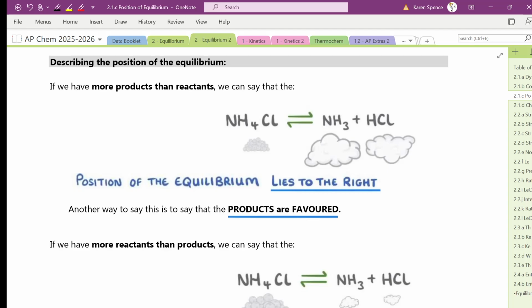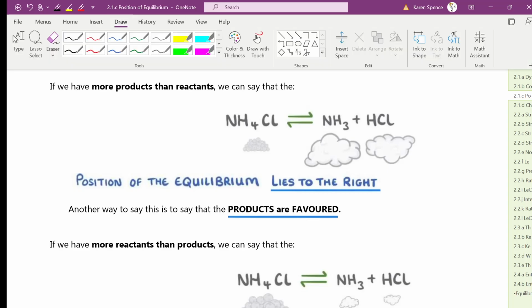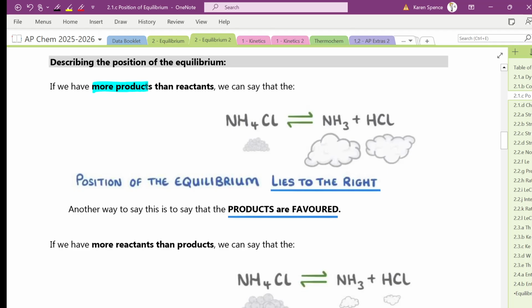So how do we describe the position of an equilibrium? If we have more products, we say the position of the equilibrium lies to the right.